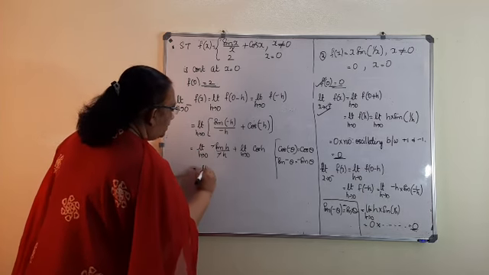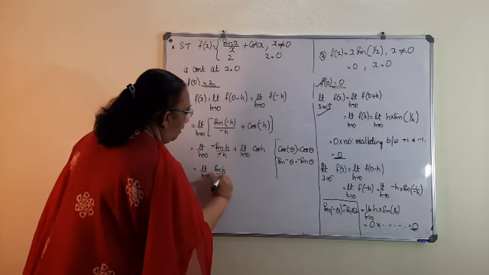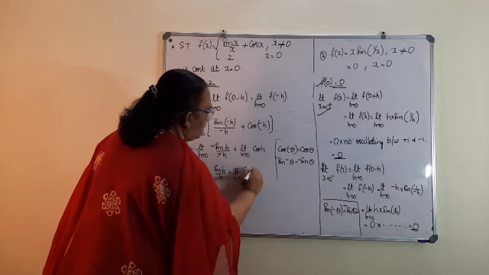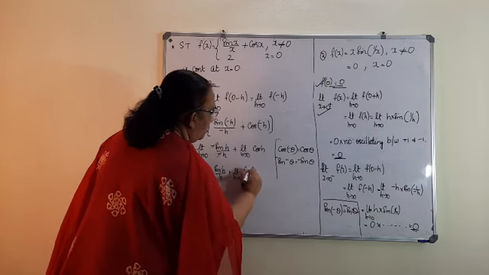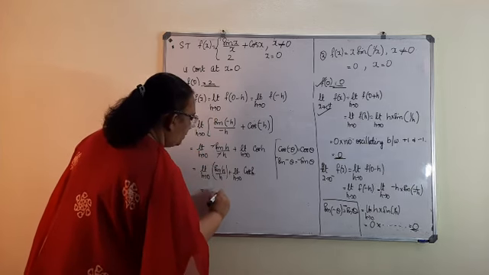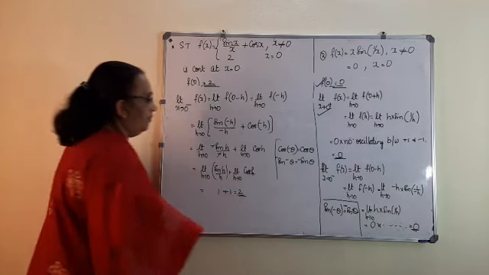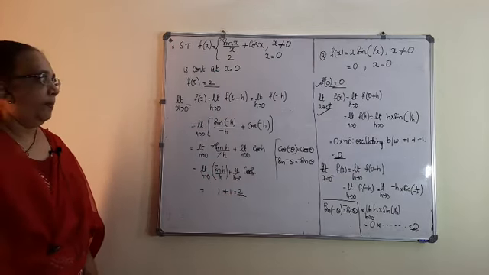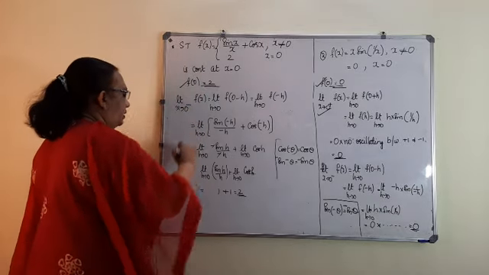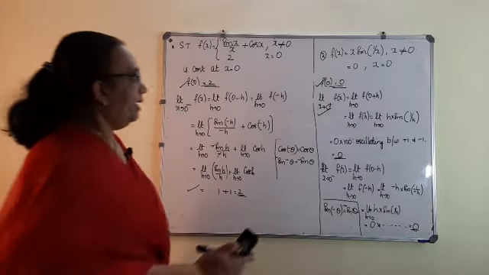Limit of h tending to 0 sin h by h plus limit of h tending to 0 cos h, and this value is equal to 1 plus 1 is equal to 2. So, left limit and the value of the function, they are the same. Now, we have to see about the right hand limit.